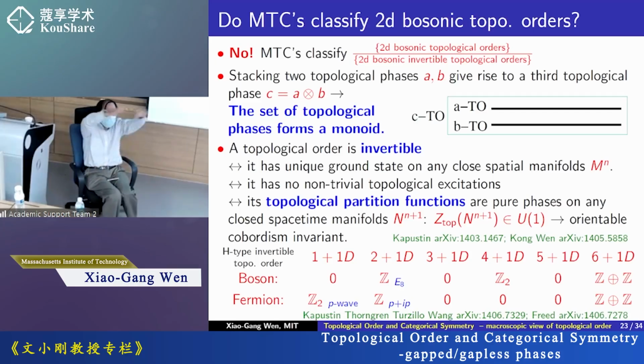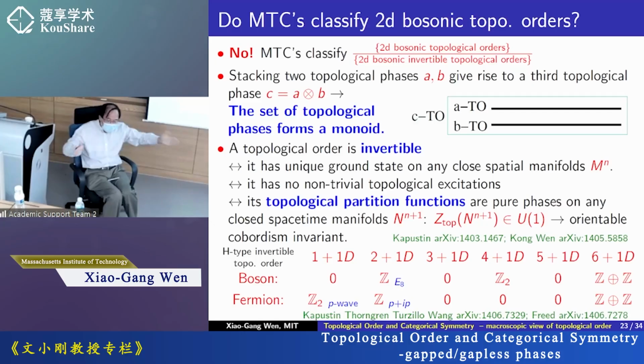In 2-dimensional space, we can stack 1-dimensional chains, but we don't have a non-trivial, non-invertible topological order as a 1-dimensional chain. So we don't have fracton phases in 2-dimensional space. The existence of non-invertible topological order in 2-dimensional space tells us we can have fracton phases in one or two higher dimensions, because of this stacking non-invertibility.